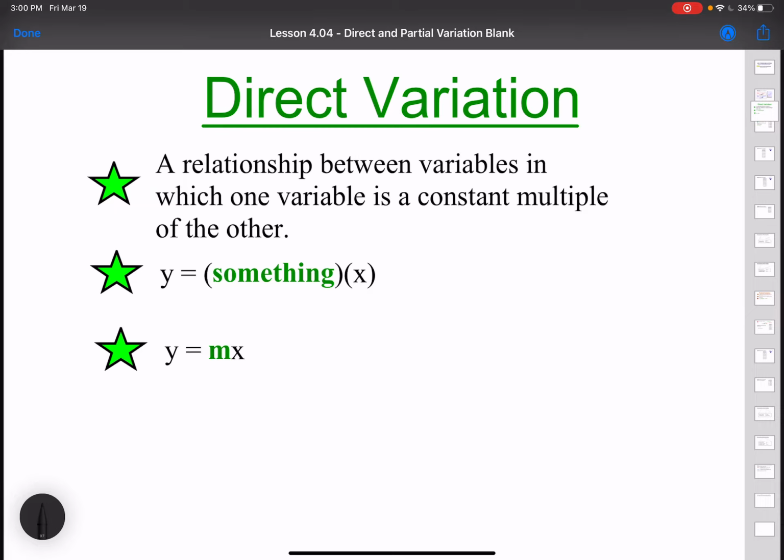Or we could say y is equal to something times x. Generally that something, we label as the letter m. That's just convention. M is the letter that goes before x. And that's what direct variation is.